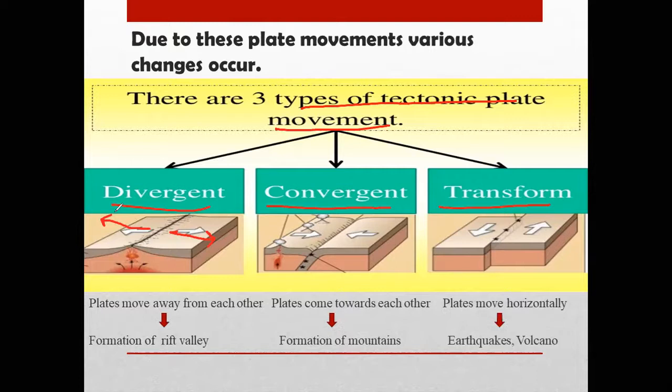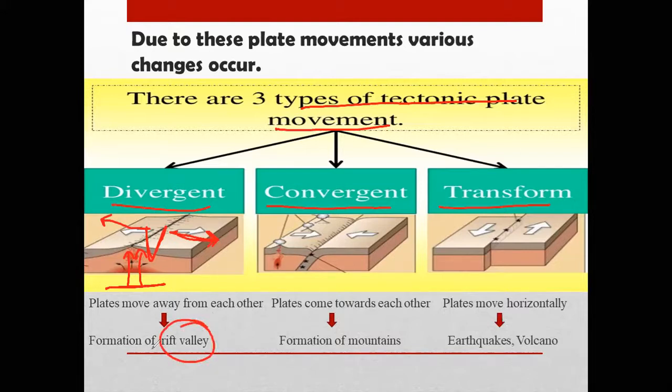Now these plates move away from each other because of the heating currents or the convection currents released by the magma that is present inside the mantle. When these plates move away from each other, it leads to formation of valleys, and thus it creates a faulting structure called rift valley.